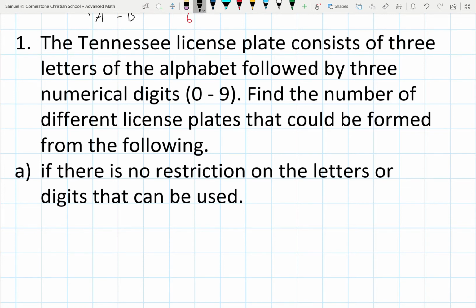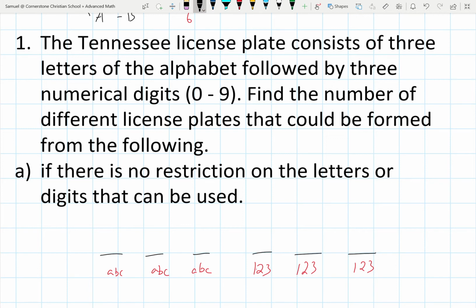And so this is where we start to ask ourselves, okay, I have 6 spots that I'm filling up on this license plate. Again, they said it was 3 letters followed by 3 numbers. So I'm just going to write a little ABC, ABC, ABC, and here is 1, 2, 3, 1, 2, 3, and 1, 2, 3. Essentially alphabetical and then numerical.